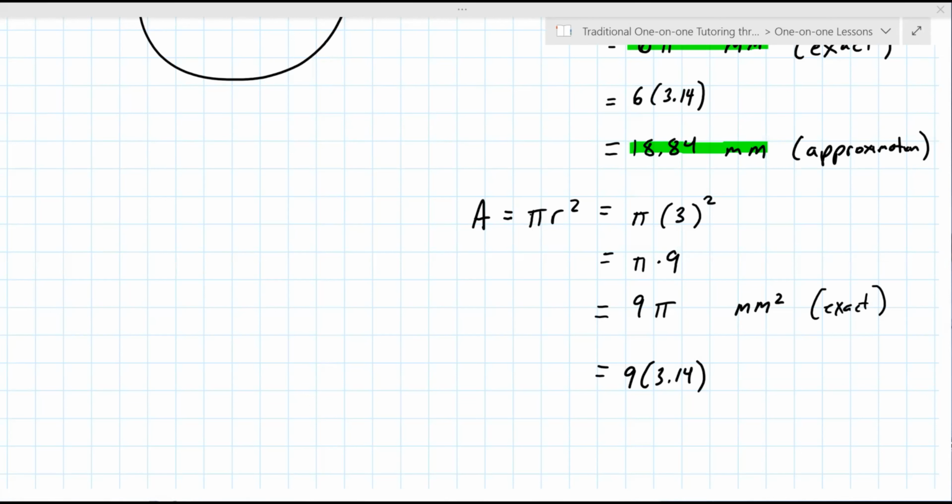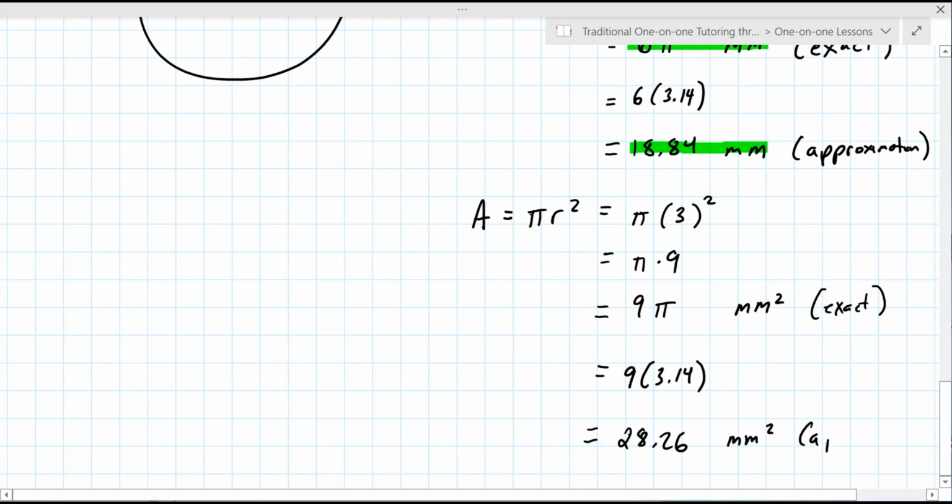What is 9 times 3.14? It was like 27.26. Try again. That is not correct. 28.26. I got it. Okay, 28.26, and then the units are millimeters squared.